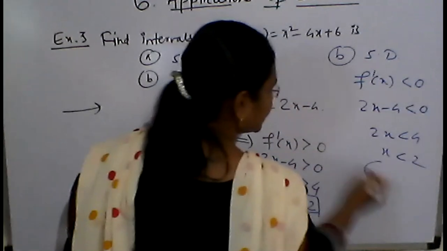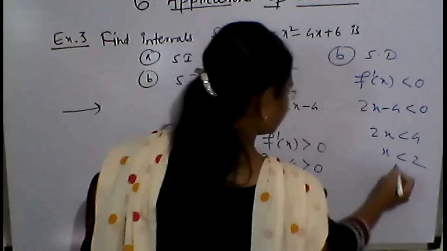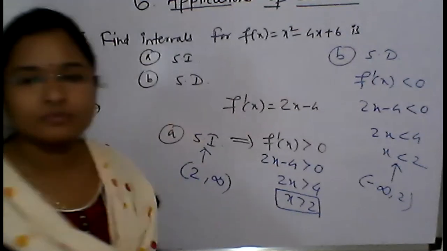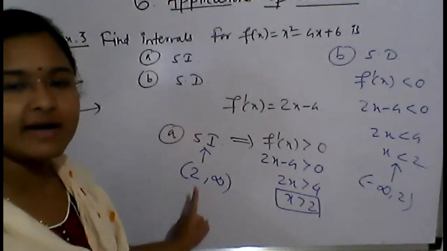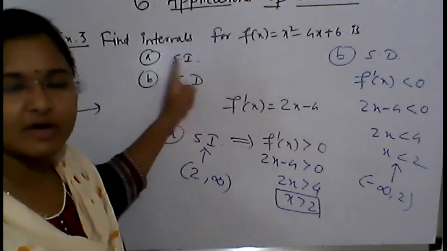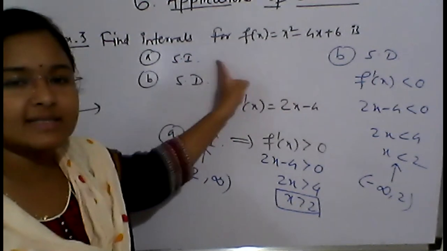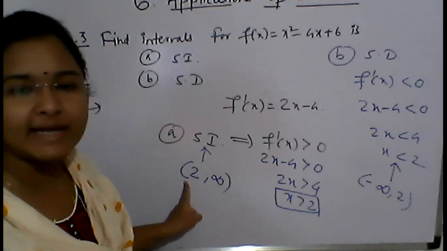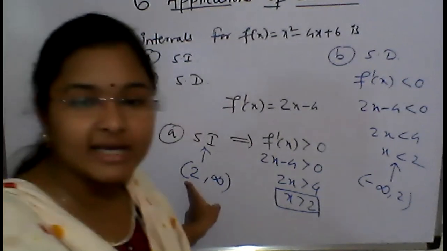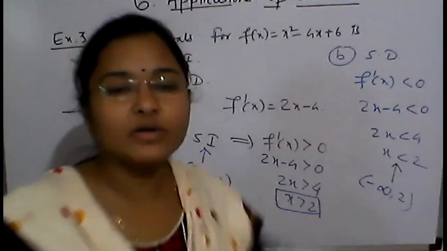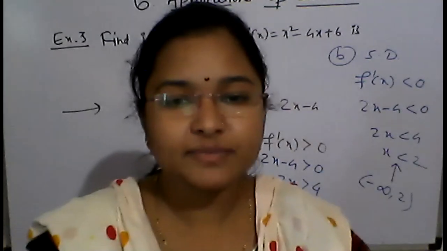So clearly x belongs to minus infinity to open 2. So this is the required answer. For strictly increasing you have 2 to infinity, and for strictly decreasing you have minus infinity to open bracket 2. Any doubt, boys?